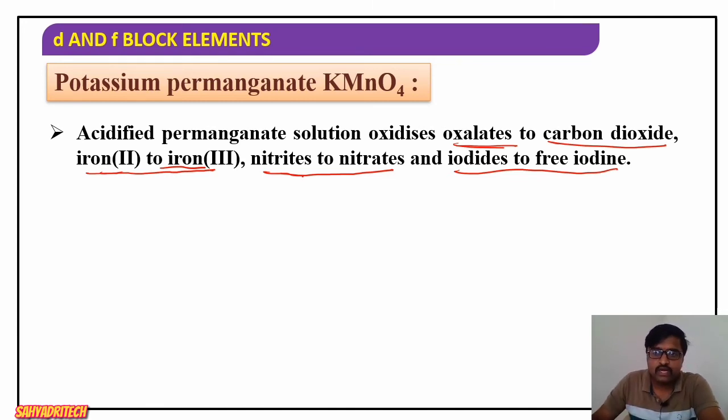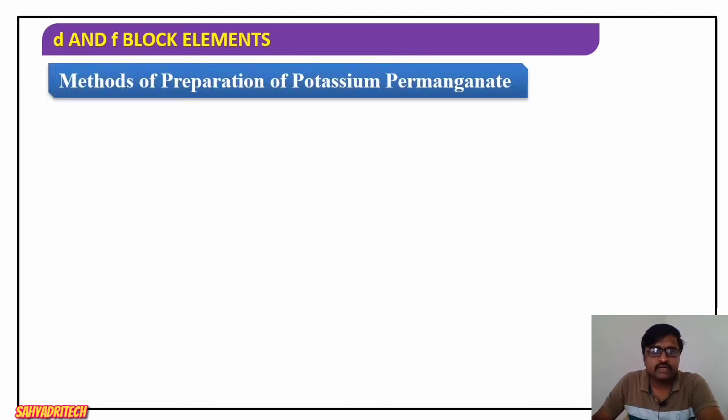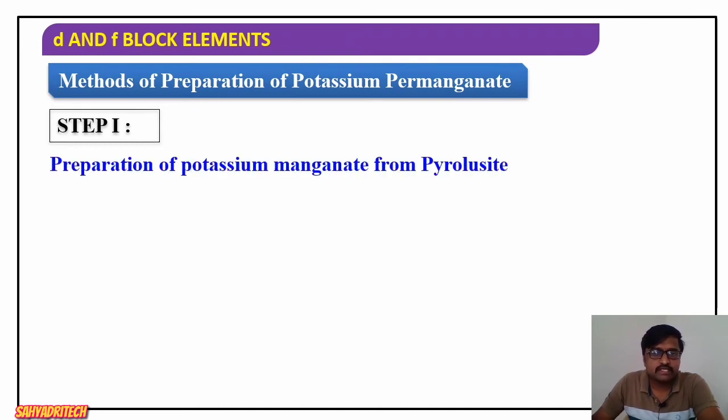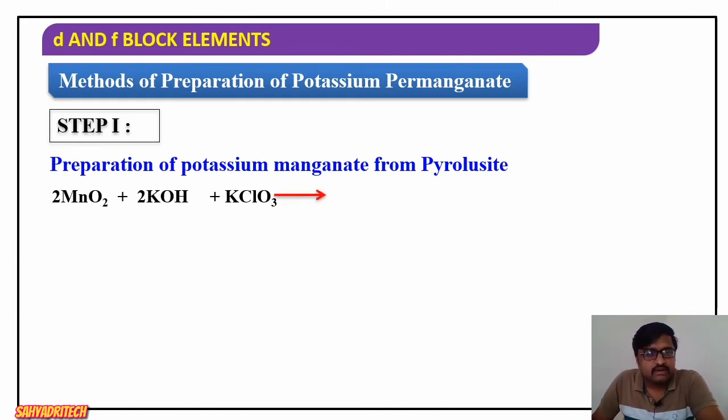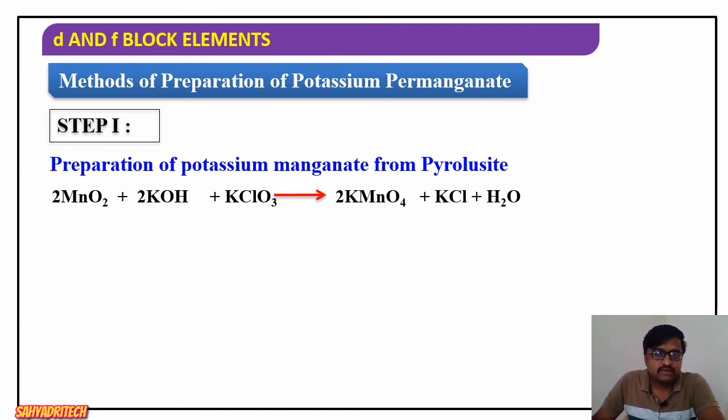Further, let us consider the alternative method of preparing potassium permanganate. The first step is preparation of potassium manganate from pyrolusite. Pyrolusite ore fused with potassium hydroxide and potassium chlorate gives potassium permanganate, KCl and H2O.